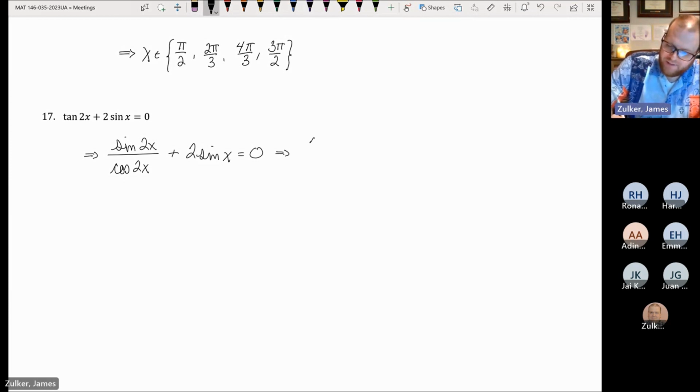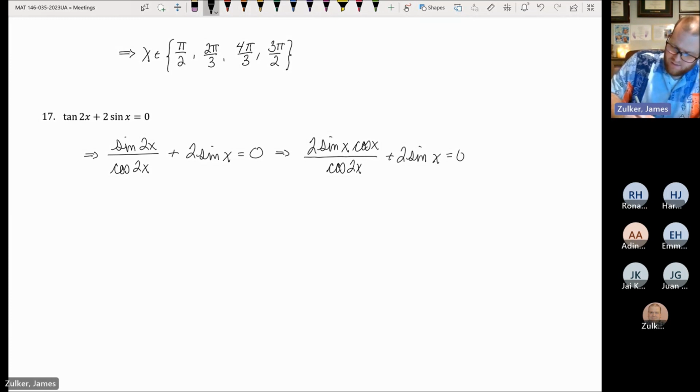But sine of 2x, 2 times sine times cosine. But look, we have a 2 sine common.